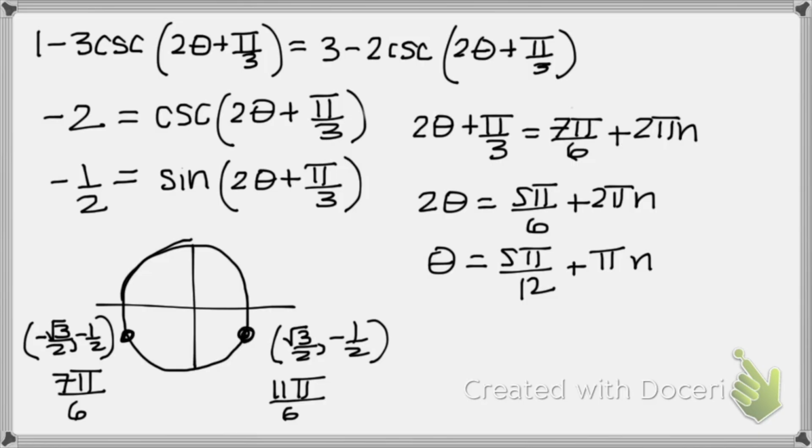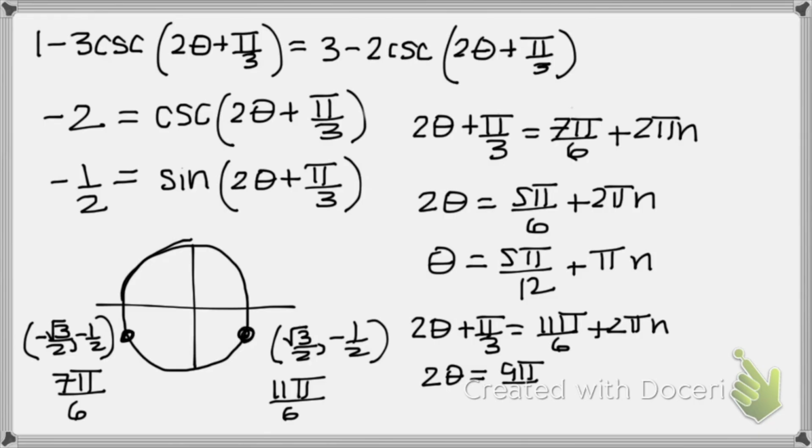All right, and then similarly, I would have the 2 theta plus pi over 3 equal to 11 pi over 6 plus 2 pi n. And then 2 theta is equal to 9 pi over 6 plus 2 pi n divided by 2. And I get 9 pi over 12 plus pi n.